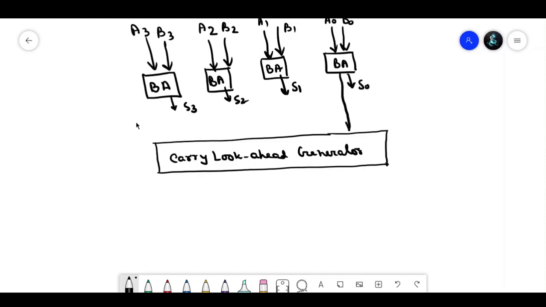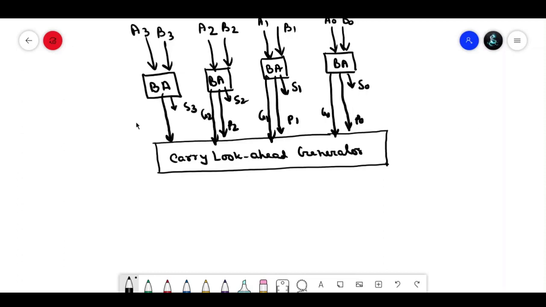Now this is P0, this is G0. Similarly here it will be P1, this will be G1. Similarly it will be P2, G2. Similarly it will be P3, G3.